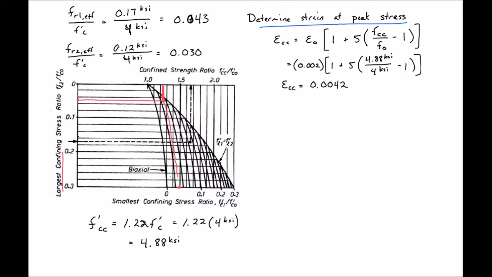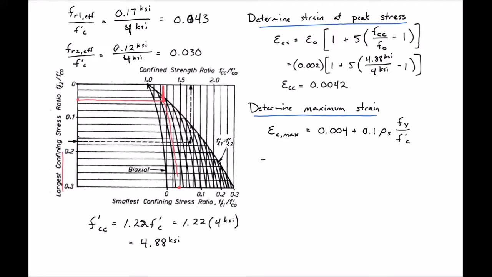So next we can determine the maximum strain. We'll determine our maximum strain using this expression here, which involves a rho sub s, which is our reinforcement ratio, which accounts for the volume of hoops divided by the volume of our confined concrete.